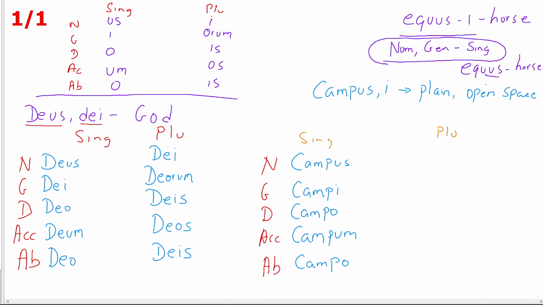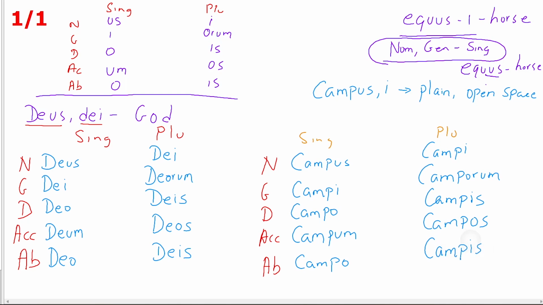Now let's go to the plural. Nominative plural would be campi, genitive plural camporum, dative plural campis, accusative plural campos, and ablative would be campis.